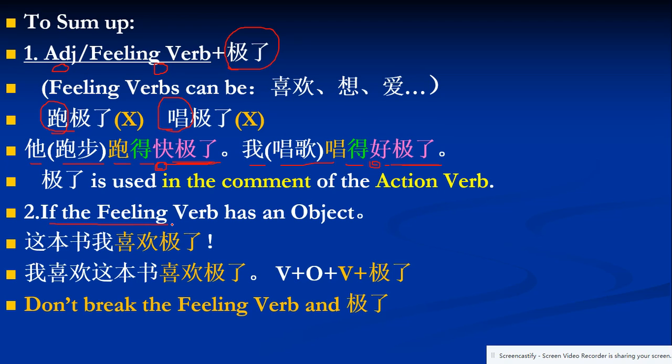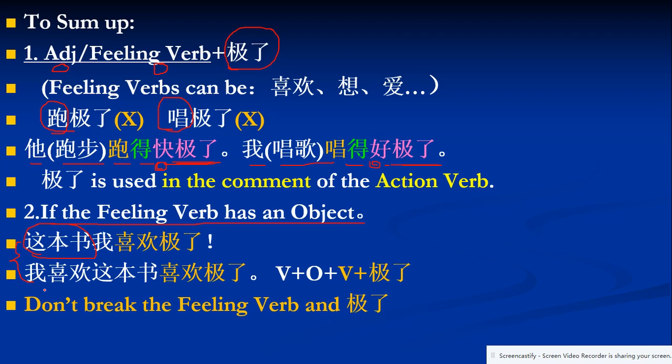If the feeling verb comes with an object, there are two ways to handle it. First one, you put the object all the way in front of the whole sentence. 这本书, about this book, 我喜欢极了. I like it extremely. 这本书我喜欢极了.